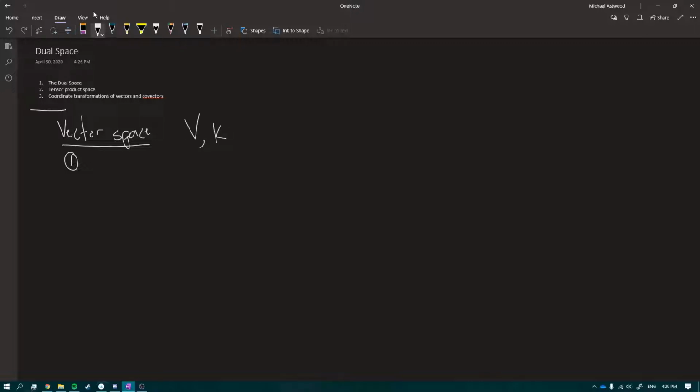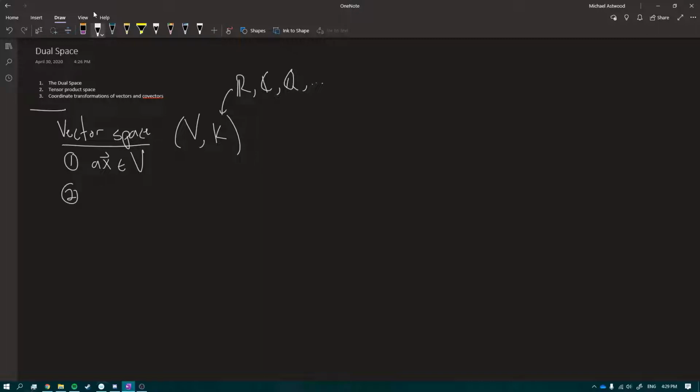So this field is either R, or the complex numbers, or Q, which is the rationals, or any other field you like. So a field is just anything you can divide, multiply, add, and subtract in. So a vector space is closed under scalar multiplication. This means that AX is in V whenever A is a scalar and X is a vector.